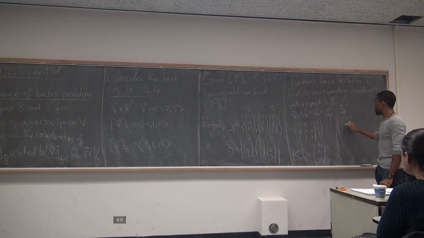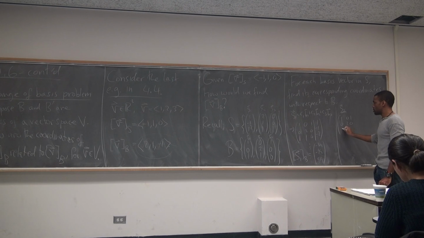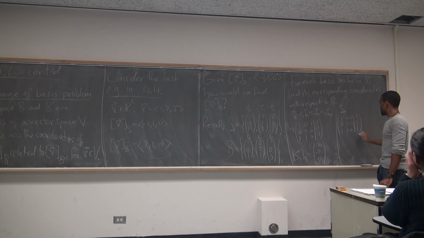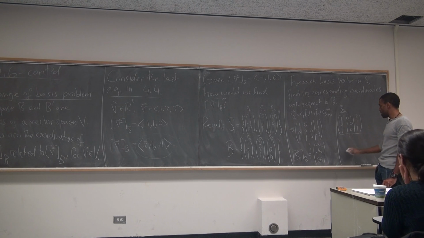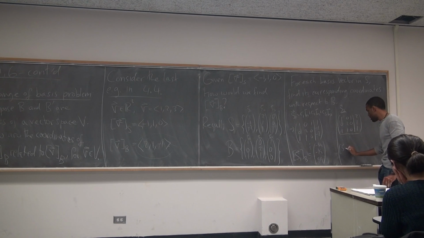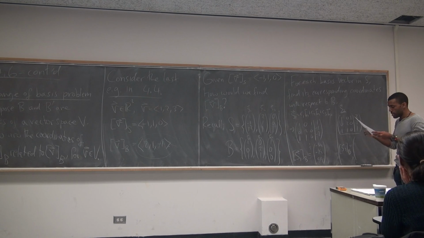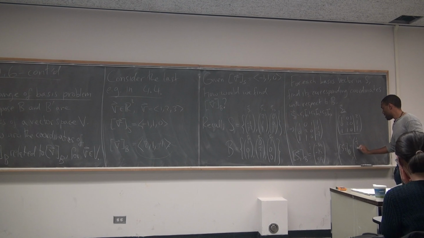So I have (1, 0, 1), (0, 2, 1), (1, 0, 0), throw in S2, (2, 1, 1), and it turns out that when you solve that with Cramer's rule, row reduction, whatever you're fancy with, S2 with respect to B gave me the vector (1/2, 3/2).